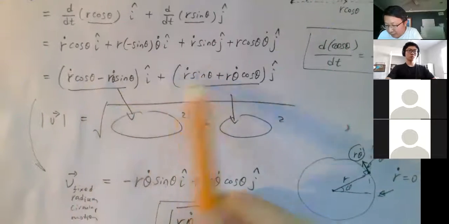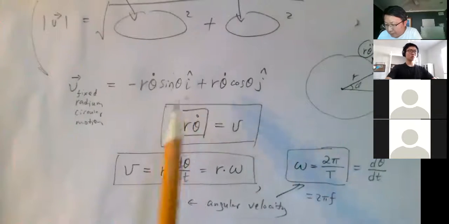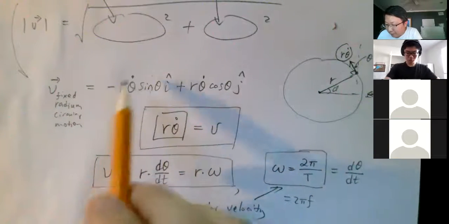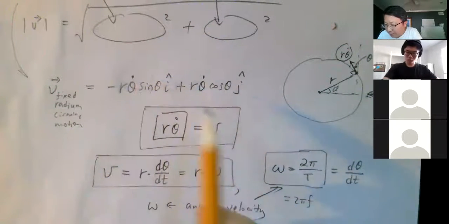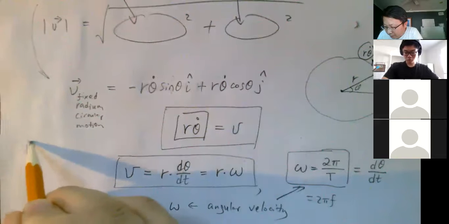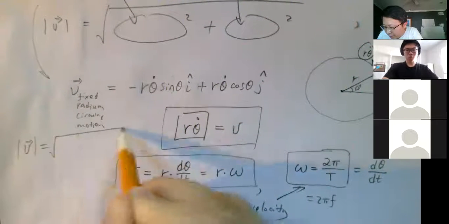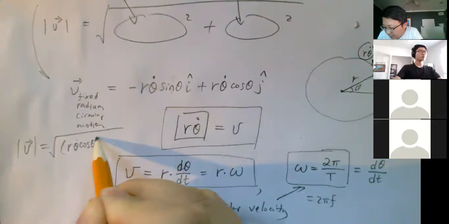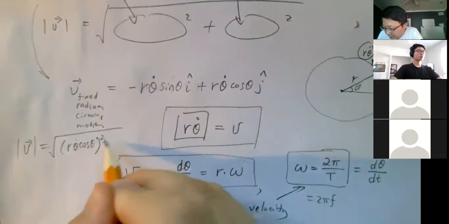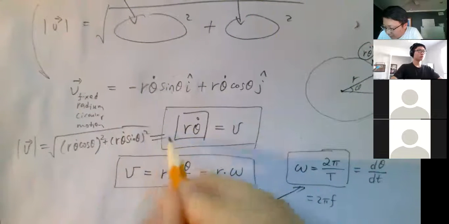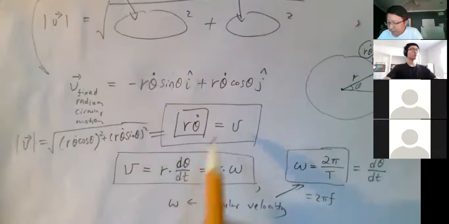This term is gone. So in this case, from the amplitude point of view, this square plus this square equals v squared. So v is this guy. Or you can understand it the other way: the v amplitude equals the square root of r theta dot cosine theta squared plus r theta dot sine theta squared.